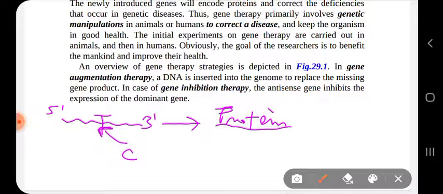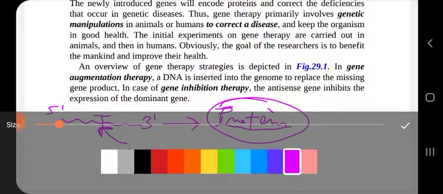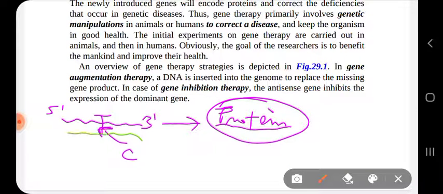So to cure the disease which is producing this abnormal protein, we have to use an antisense gene which will be complementary to that gene, which will base pair and prevent it.